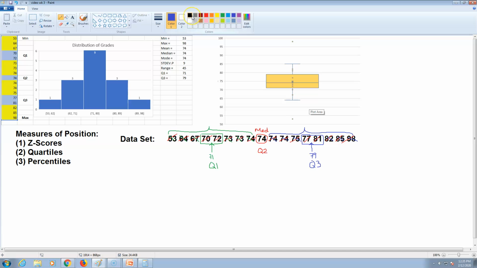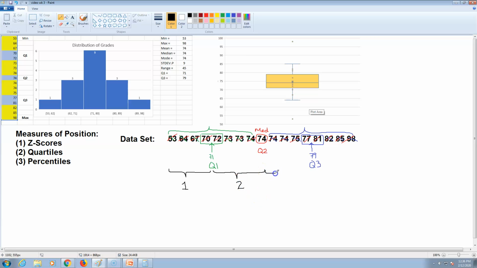Now I know usually students say, but I see 3, I don't see 4 groups. Well, let me show you exactly. From the beginning of this list all the way to Q1, that's my first group. From 71 all the way to Q2, 74, that's my second group.